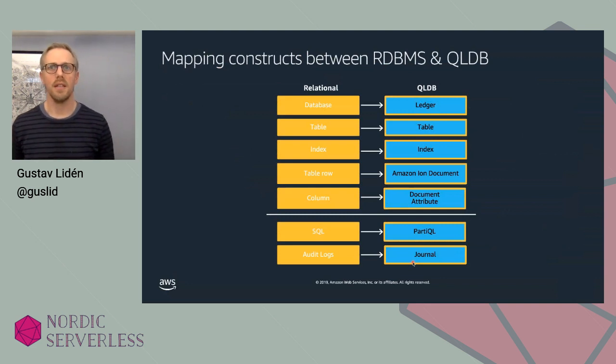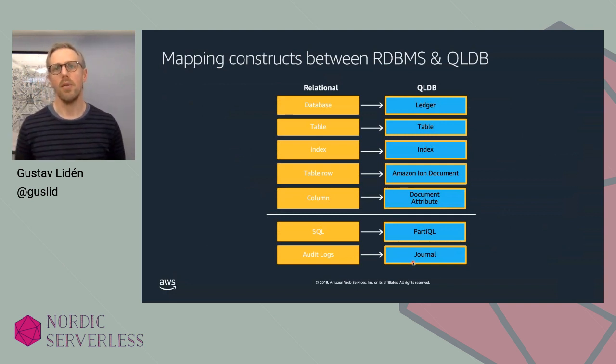You create indexes in the same way. But whereas in relational you have rows of data, with QLDB you have documents, the documents being Ion documents. And where you have columns within the rows in relational, the equivalent is document attributes.